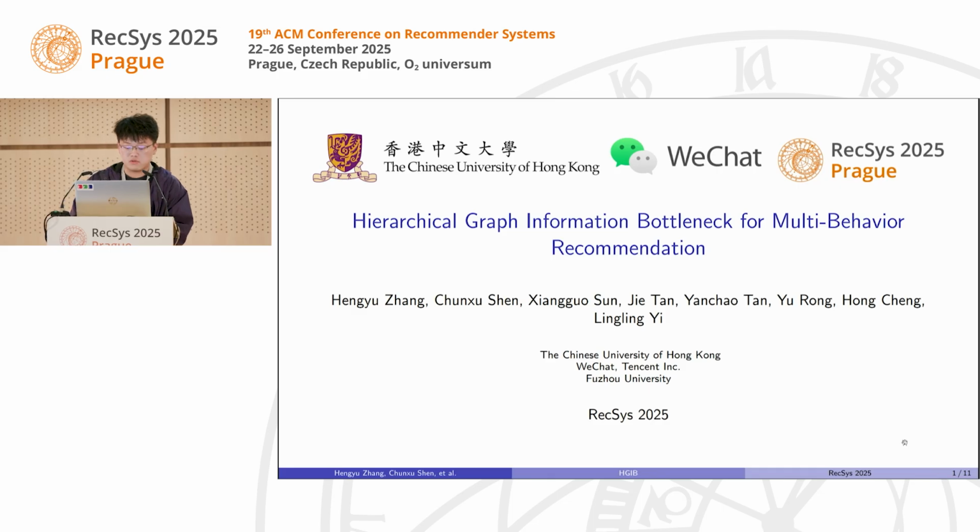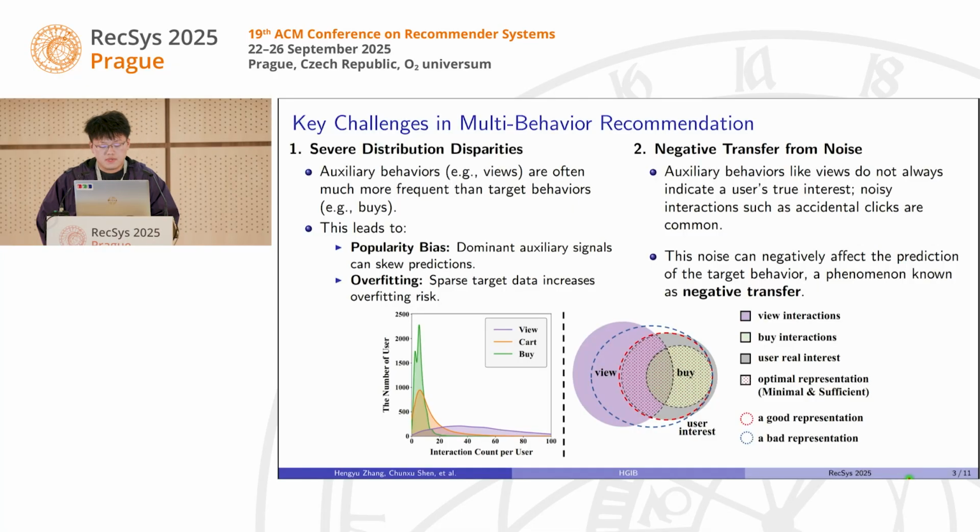Today, it is my pleasure to present our work, Hierarchical Graph Information Bottleneck for Multi-Behavior Recommendation. This work was done in cooperation with Tencent Group and Fuzhou University. So, what exactly is multi-behavior recommendation? In most online platforms, users engage through multiple types of interaction behaviors with the platform.